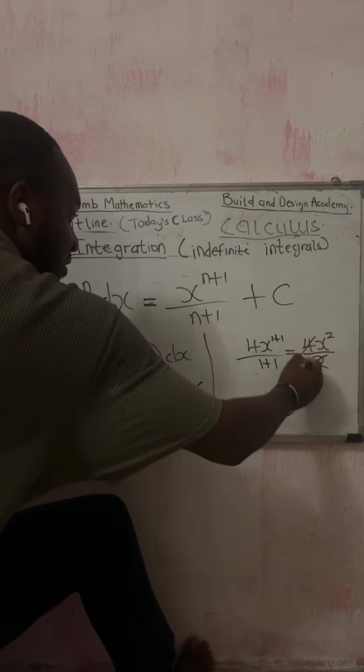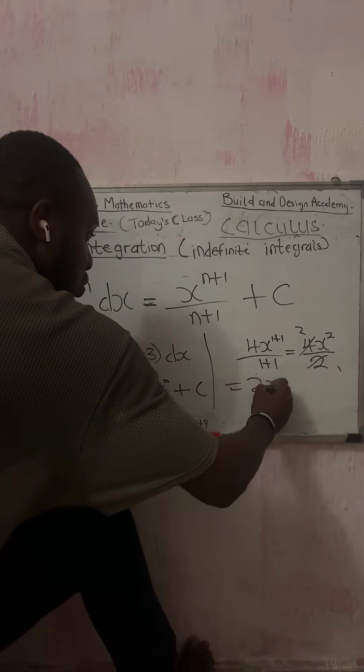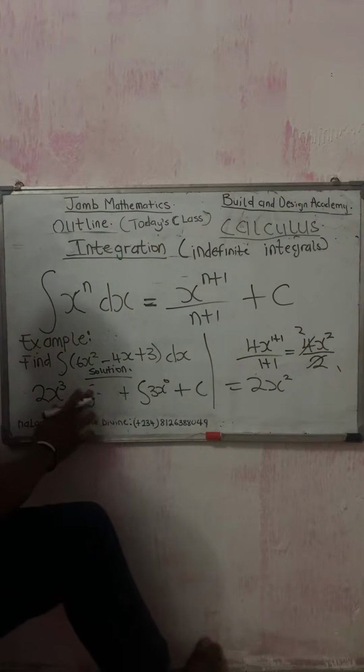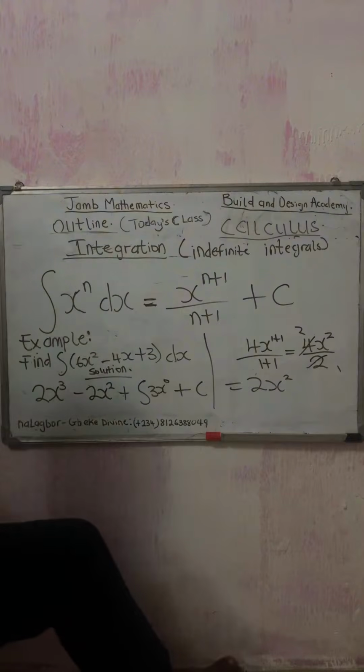Now 2 divided by 4, 2 gets 1, 2 gets 2, so we are left with 2x squared. So we can clean this part and write 2x squared.